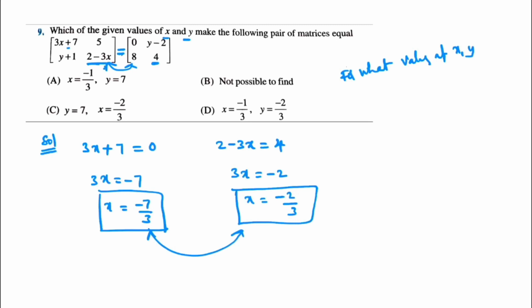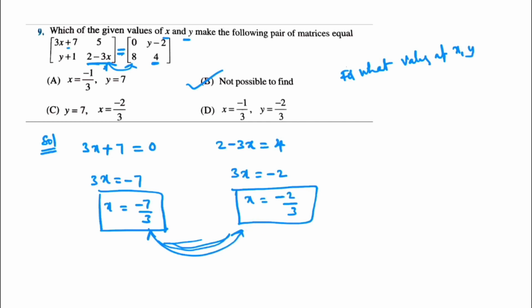Actually, when I equate these things, you must get same x value. But you got different x values. So observe the possible options. They are asking for what values of x and y given pair of matrices are equal. So what is the right option? Not possible to find, because we got two different x values when we equate. We should get same x value.